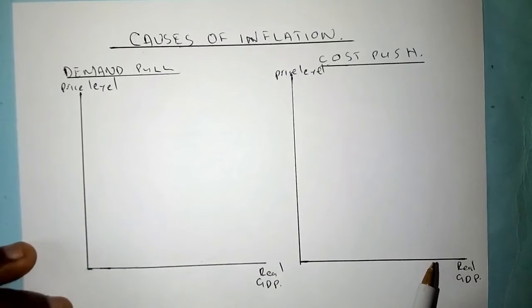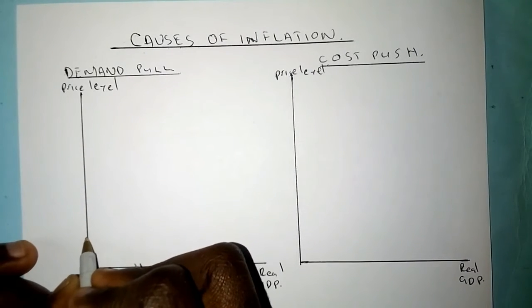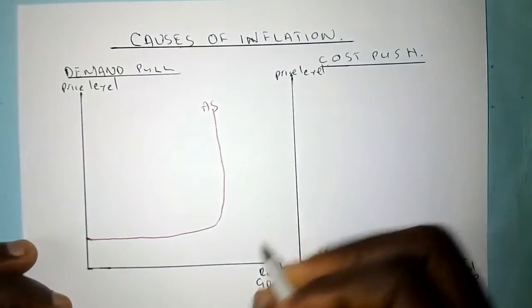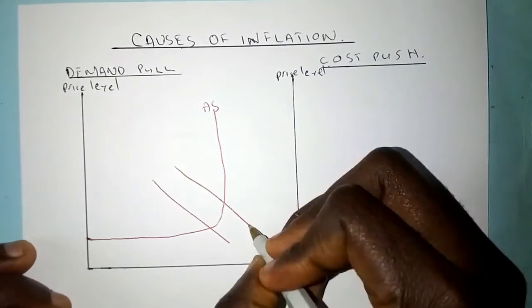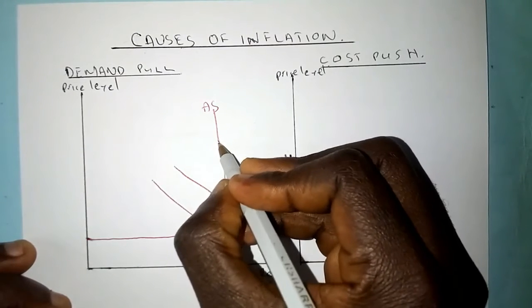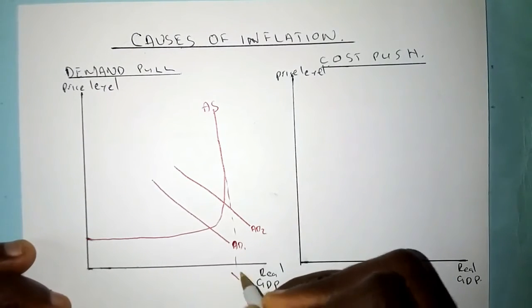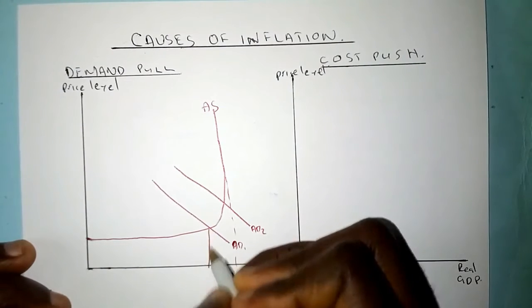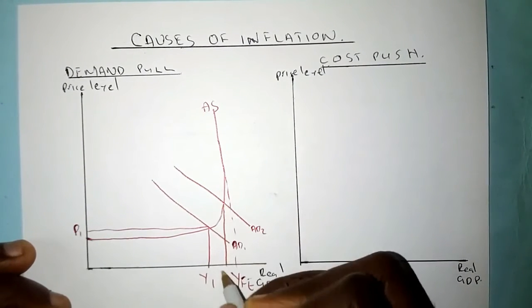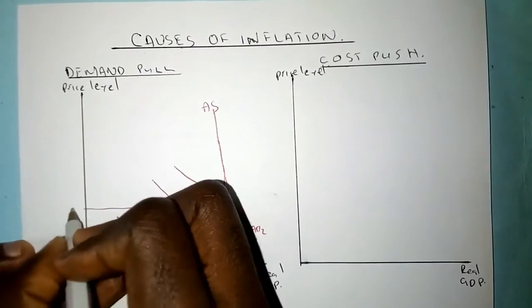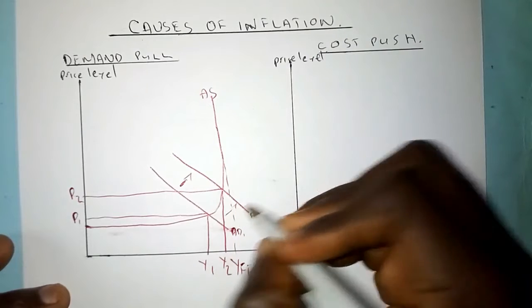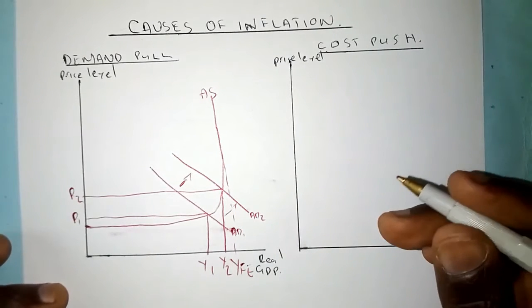You have to draw your aggregate supply like this, then you draw your aggregate demand, AD1 and AD2, then you put your YFE, so that is P1, Y1, this is Y2 and P2. So it's caused when aggregate demand shifts to the right like this. That's how demand pull inflation is caused.